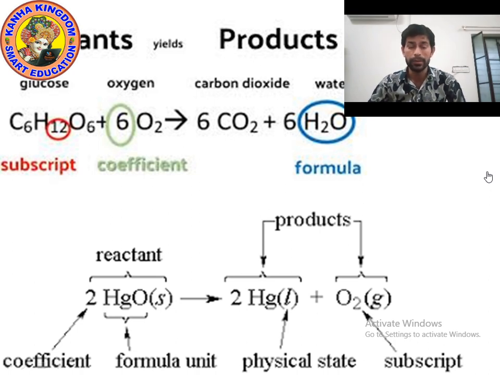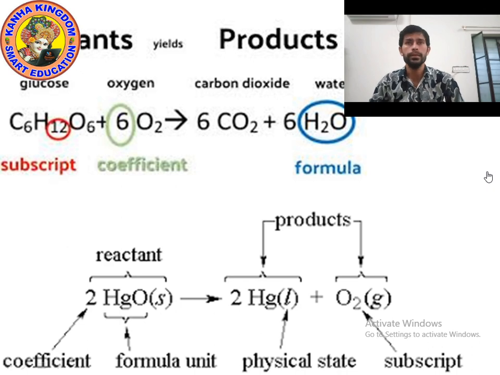And O6, 6 atoms of oxygen are part of glucose. So glucose is formed by 6 atoms of carbon, 12 atoms of hydrogen and 6 atoms of oxygen. And if I ask how many molecules of glucose are present in this reaction, there is only one.